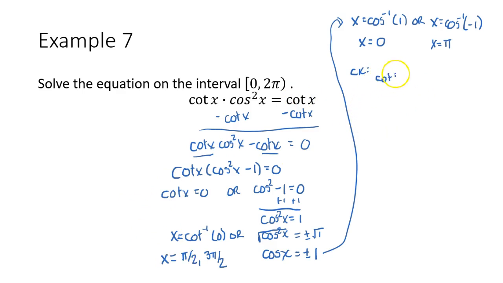The cotangent of pi over 2 times the cosine squared of pi over 2 should be equal to the cotangent of pi over 2. All right, the cotangent of pi over 2, we already know that's 0. The cosine at pi over 2 is also 0, and we want to square that. And then 0 times 0 squared works. So pi over 2 is a solution.